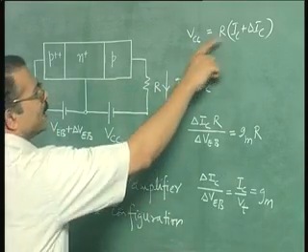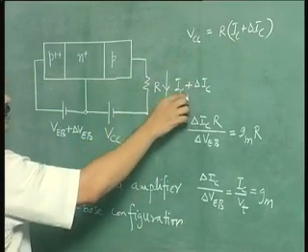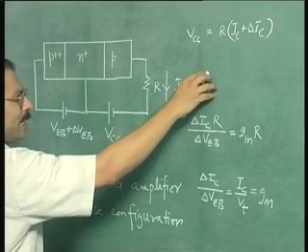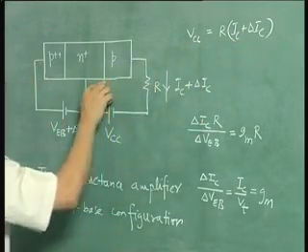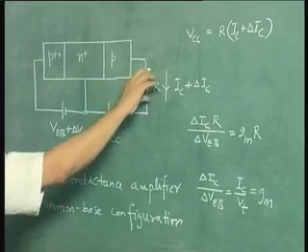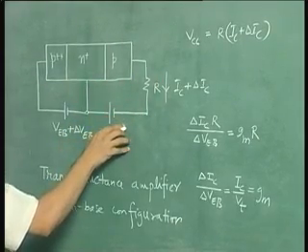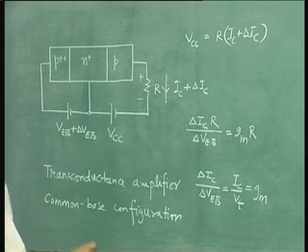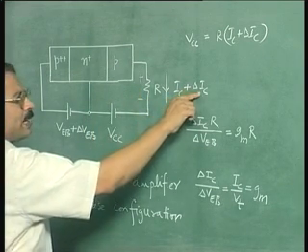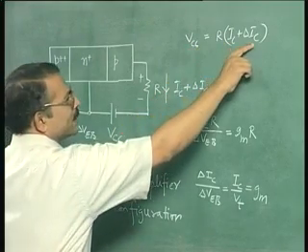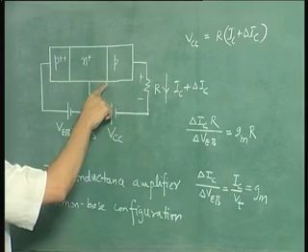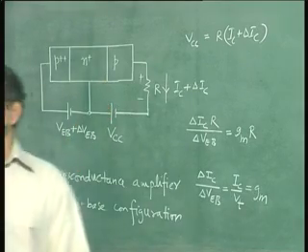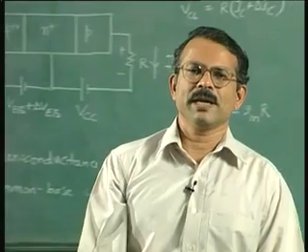For this limiting case, when the value of delta IC is such that IC plus delta IC into R is VCC, this junction will be zero biased, because this voltage and this voltage will compensate each other. The polarity of this voltage is like this. For any other value of delta IC lower than the value given by this equation, this junction will be reverse biased. Now that is the summary of what we have done in yesterday's class.